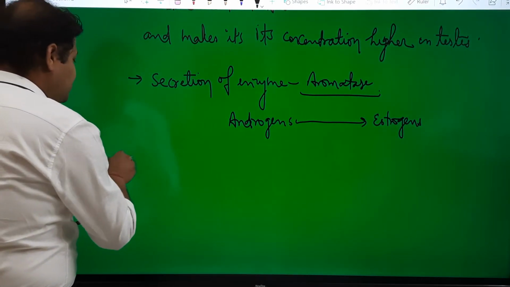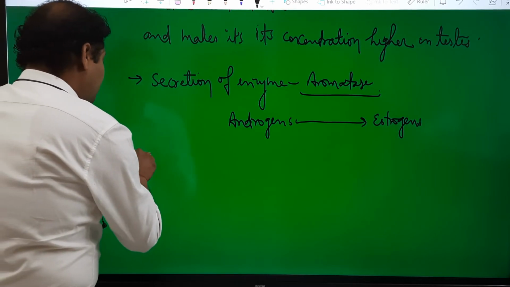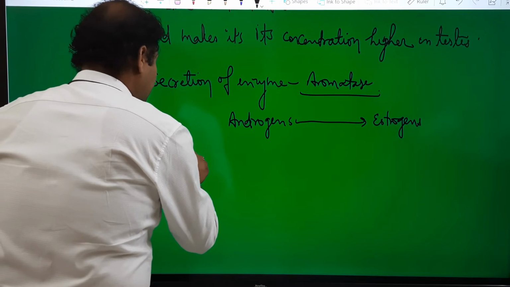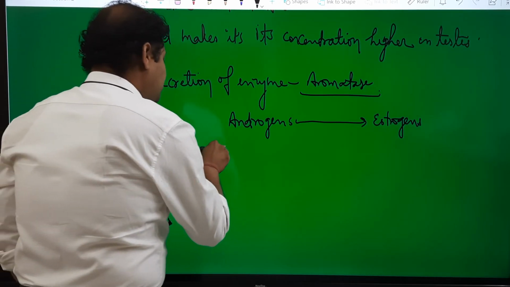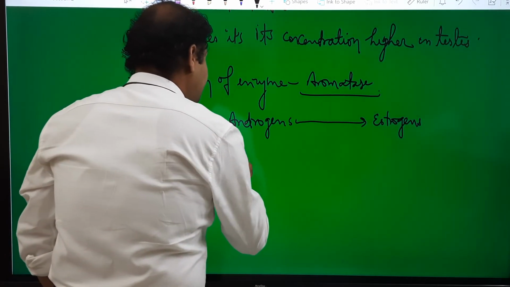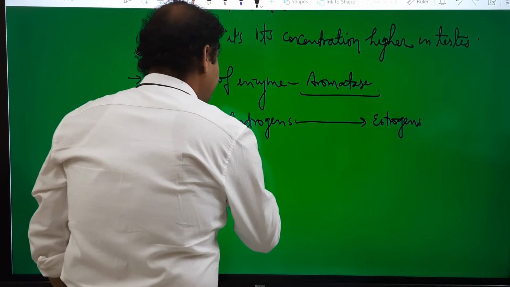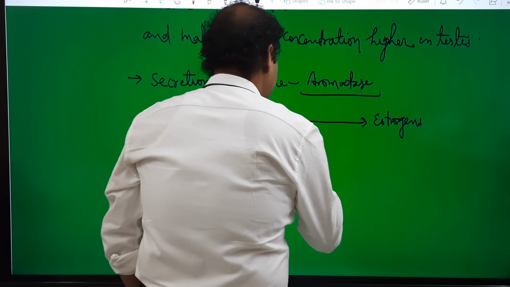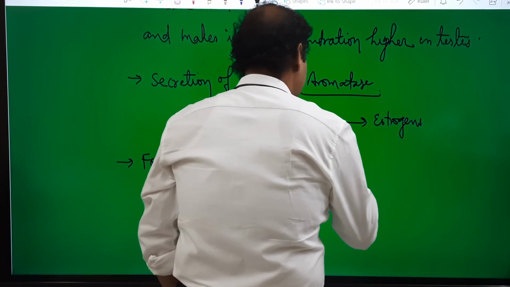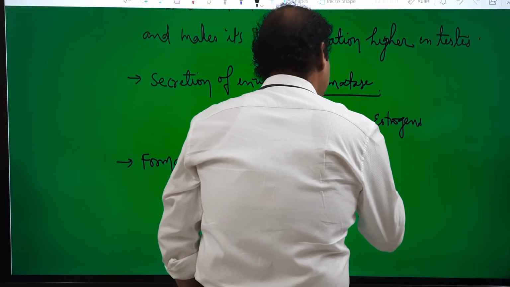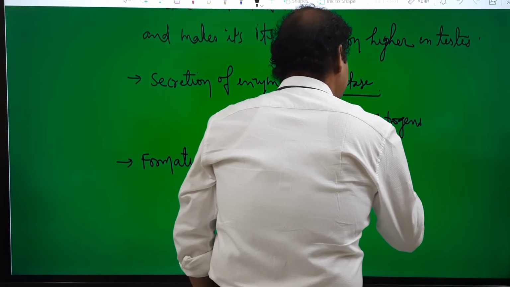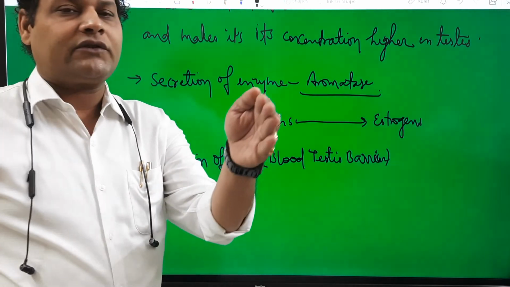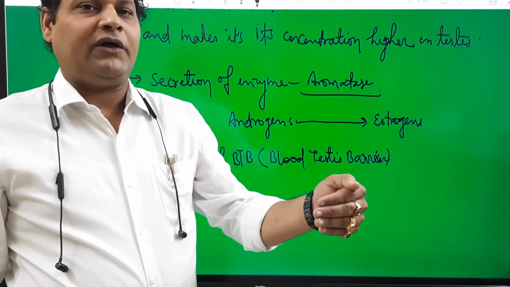The next function of the Sertoli cell is the formation of the blood testis barrier, BTB. What is the function of this barrier? This barrier prevents immune response against sperm.